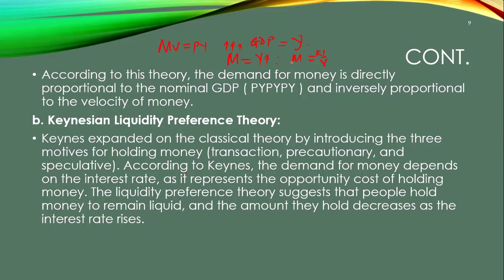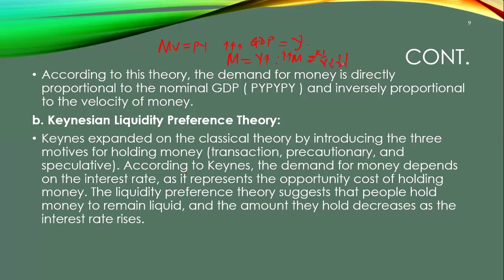Then again, when we talk about this, the demand for money is inversely proportional to the velocity. So in other words, if people highly demand money to carry out investments, then it means it is going to reduce the hands it is going to change. So the velocity of money tends to go down.